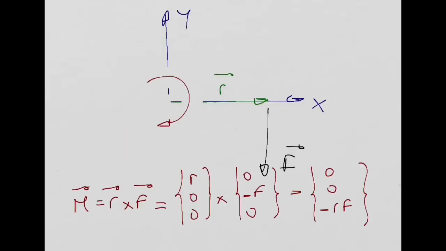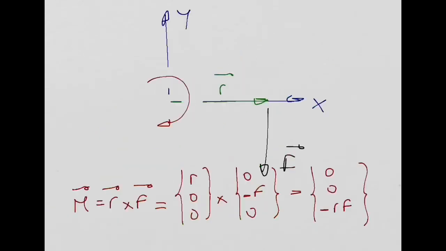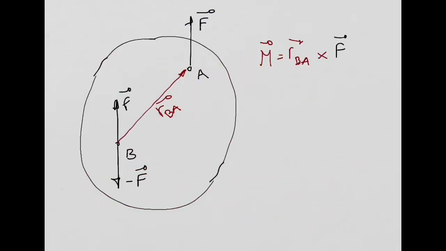This is exactly what we obtained in this slide here when we calculated the moment produced by a couple: the position vector connecting the two application points of the forces of the couple, cross product with force. Right? So this is a very, very important result.